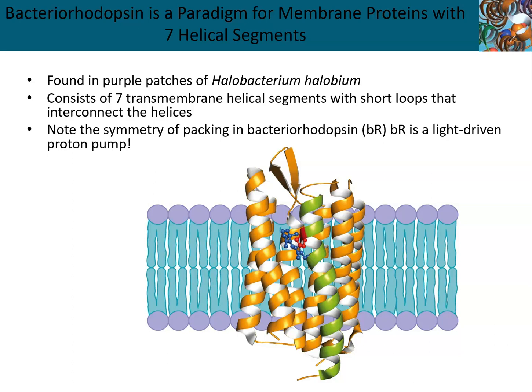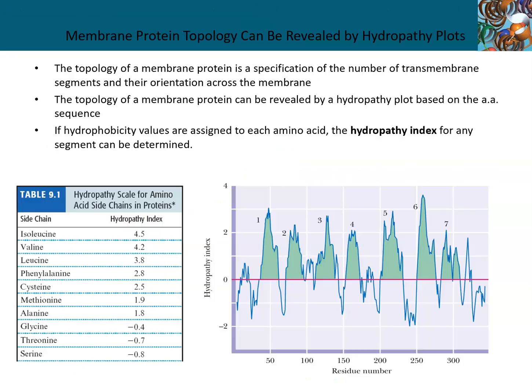It's very efficient at connecting one section of the domain to the other. And the 7 different helical structures orient themselves relative to one another to form a pore/pump, which can interact with photons to provide the energy to actually pump protons from one side of the pump or pore to the other.